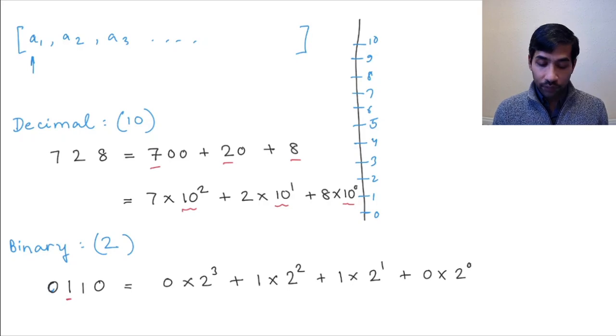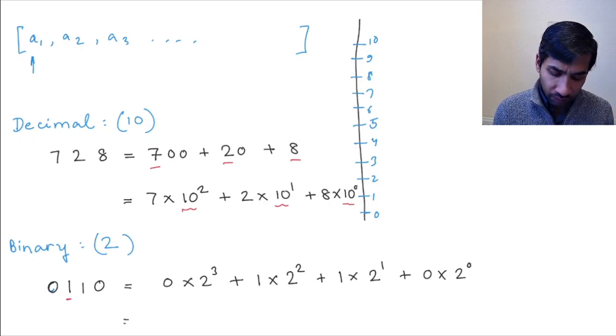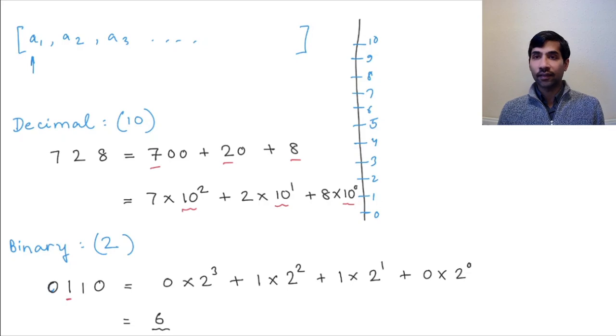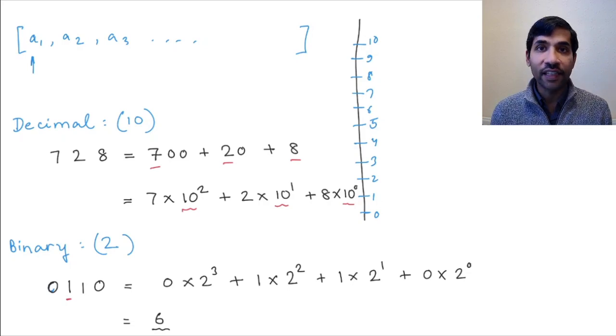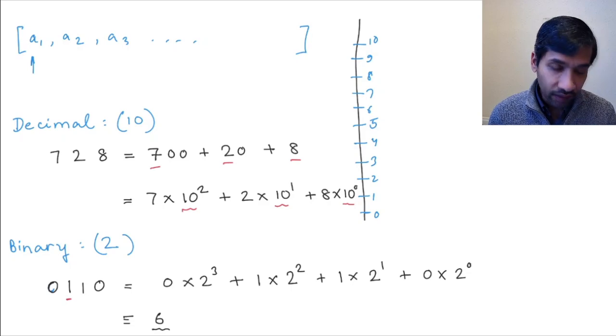And whatever that value is, in this case it turns out to be 6. So if I write this in decimal, that is 6. Now 6 is not defined in the binary number system, but that's the decimal equivalent. So let me just write it as equivalent.